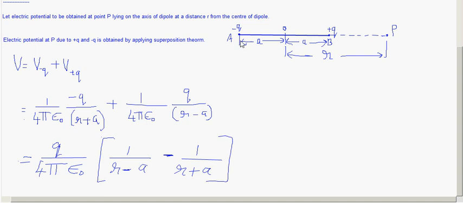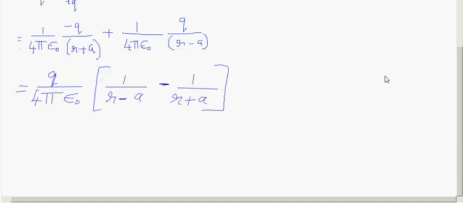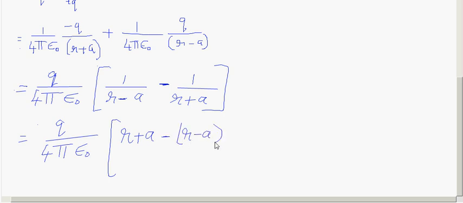First I wrote 1 by r minus a, then this is a minus sign, so I wrote it next. Now take the common denominator and simplify. q divided by 4 pi epsilon naught into (r plus a minus r plus a) divided by (r minus a) into (r plus a).